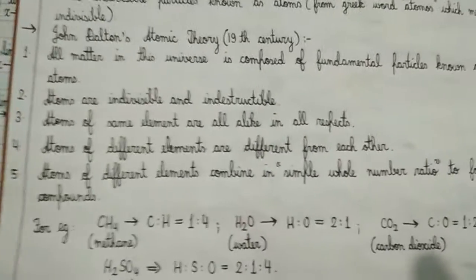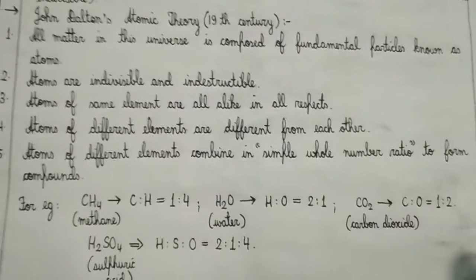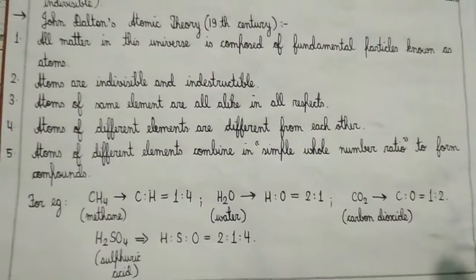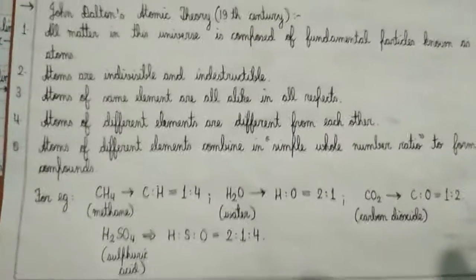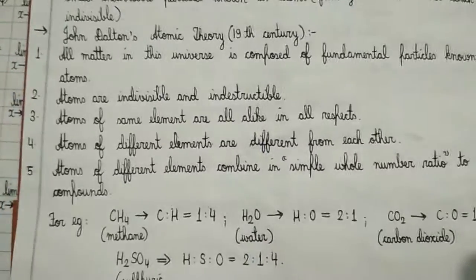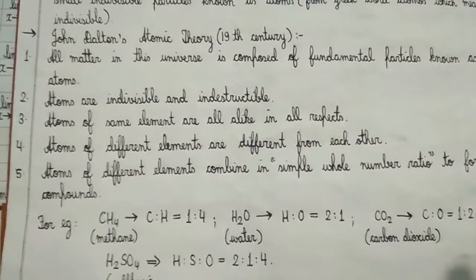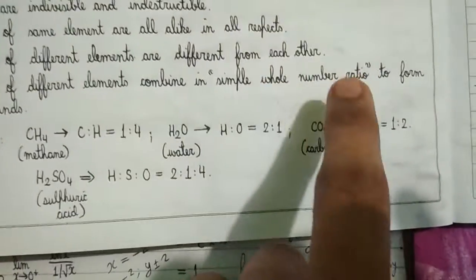And then this point, that atoms of different elements combine in simple whole number ratio to form compounds, is also not true. Today we know that we have polymers, where the ratio of the atoms is not in simple whole number ratios.